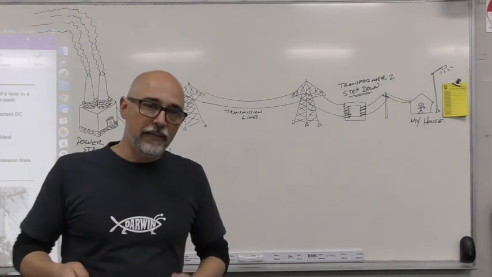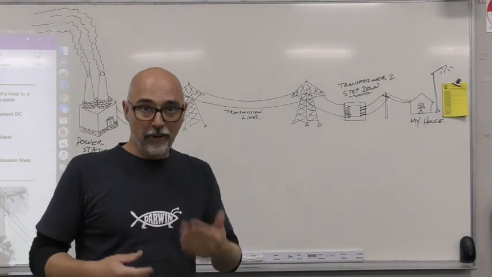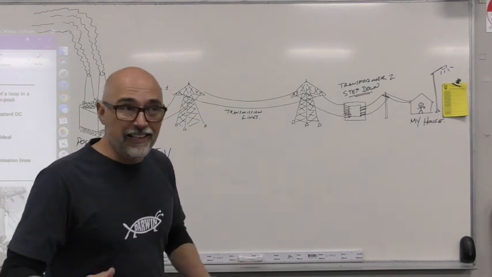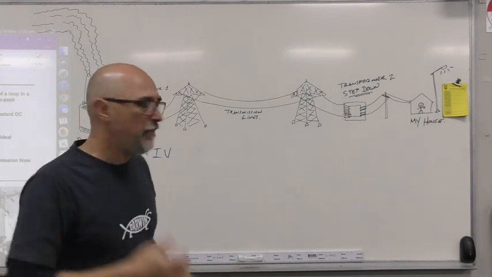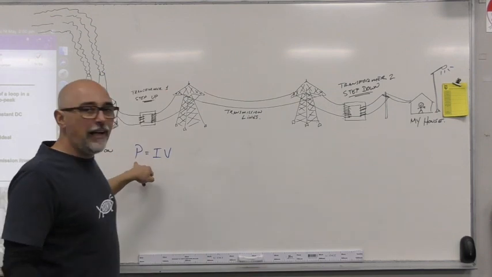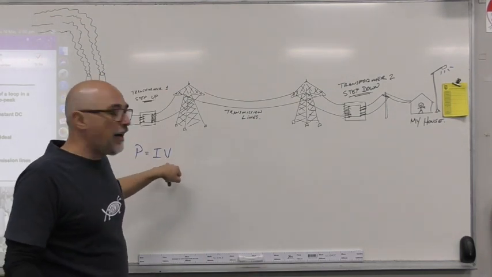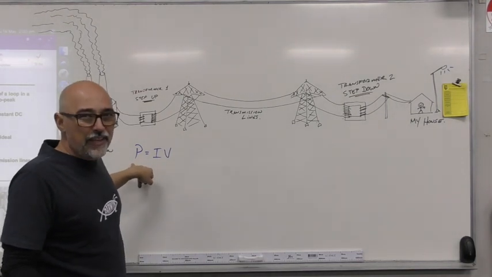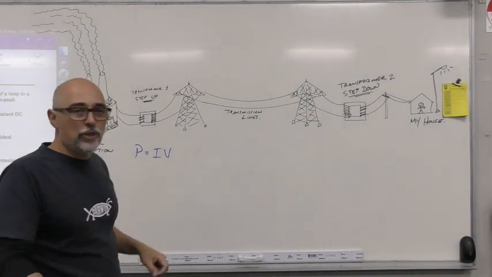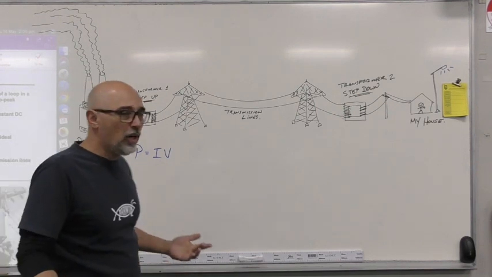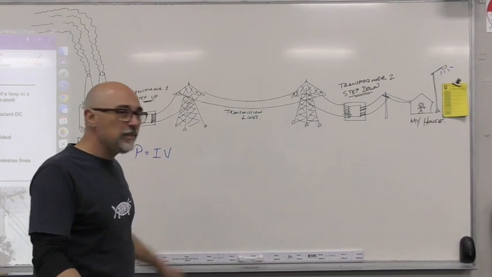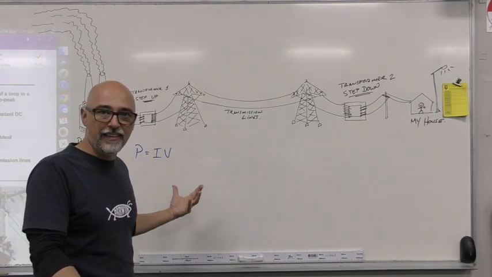If the amount of power is related by the product of the current and the voltage, then obviously, and as you would have seen several times throughout this course and even in maths, if this value here is fixed, then these two values you can play around with, okay? If this was 1,000 watts and I'm transmitting 1,000 watts at 500 amps and 2 volts, 2 times 500 is 1,000.